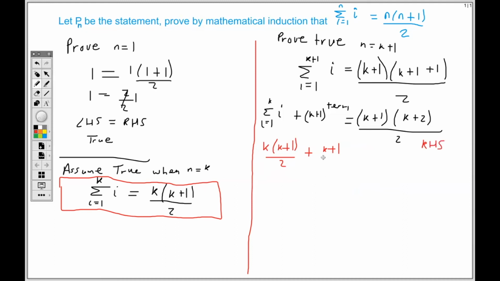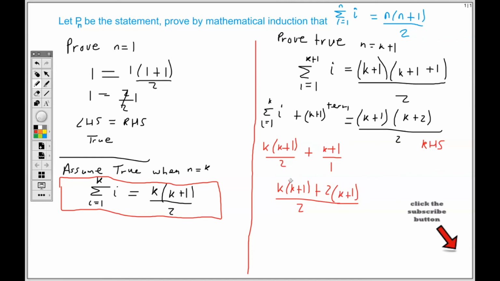So I'll put this k plus 1 over 1. The LCM for 1 and 2 is 2. So I have my 2 here. 2 into 2 goes 1 time, so 1 times k plus 1 is what you have here. Plus 1 into 2 goes 2 times, so 2 times k plus 1.